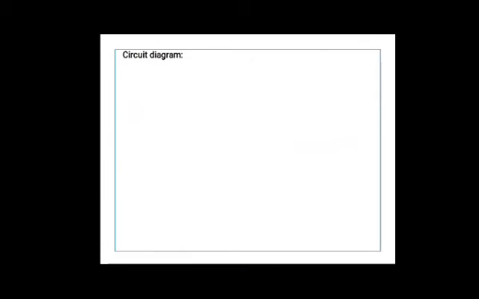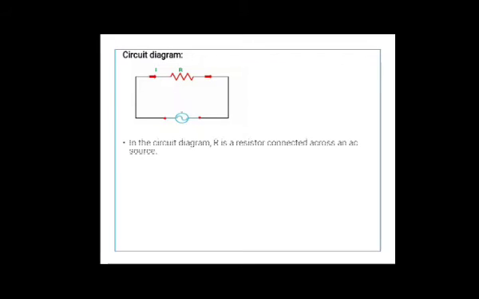Very simple one. First we have to draw the circuit diagram. In the circuit diagram you have to draw one resistor, let its resistance be R, and one AC source. Then explain the circuit diagram. In the circuit diagram, R is a resistor connected across an AC source.